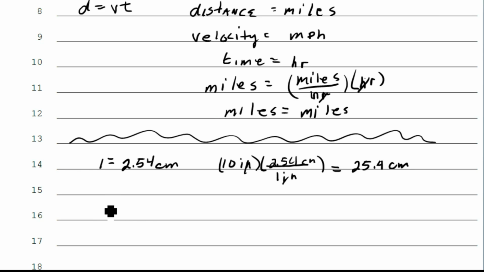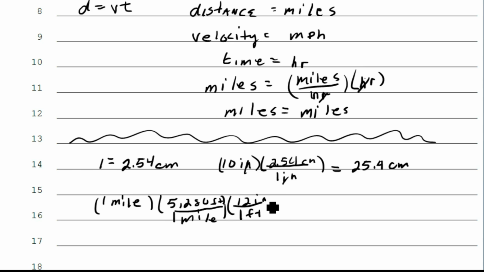And it doesn't have to be one conversion. You want to know how many inches in a mile. You got 1 mile. 1 mile on the bottom is 5,280 feet. And 1 foot is 12 inches.